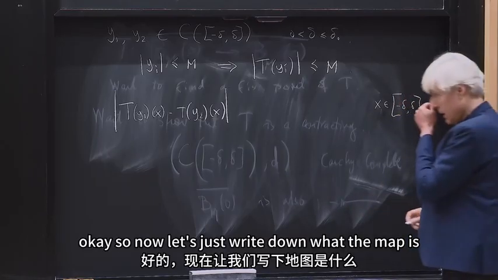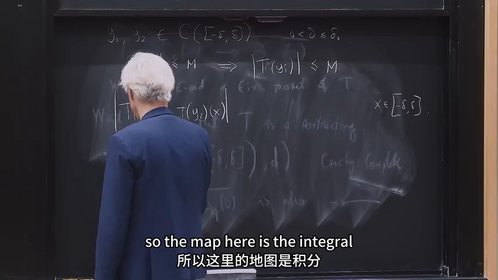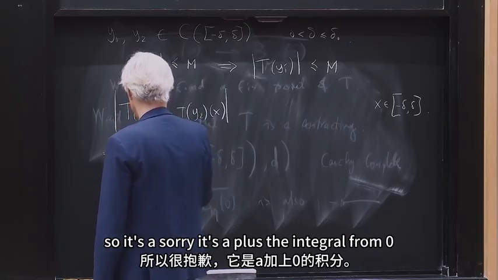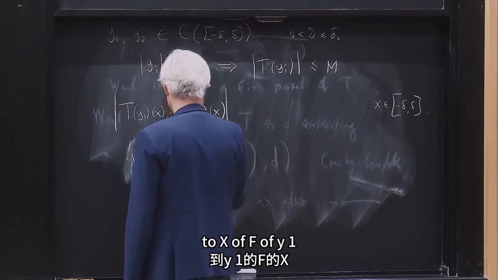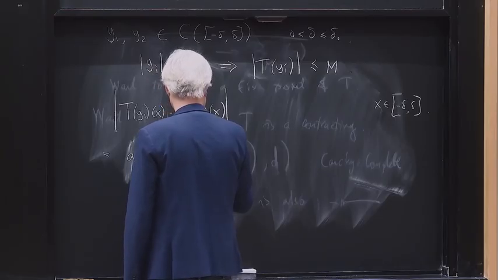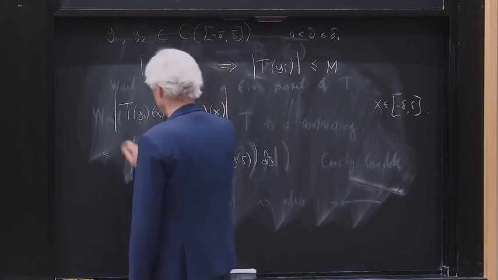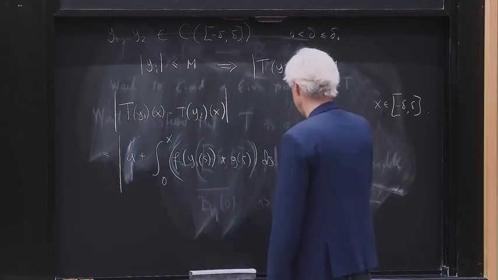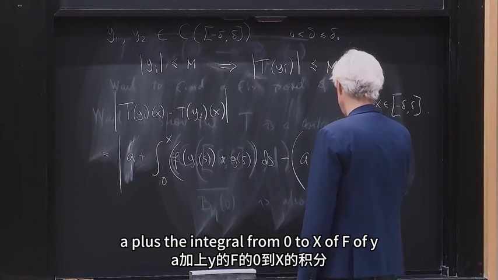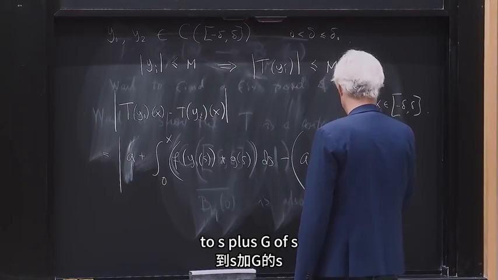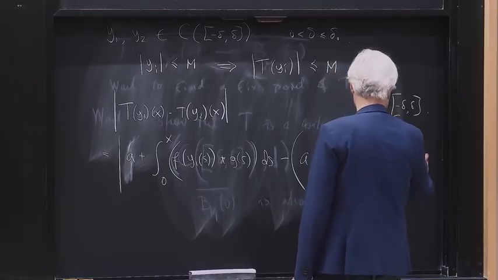Okay, so now let's just write down what the map is. The map here is the integral. So it's a plus the integral from 0 to x of f of y1 of s plus g of s ds, minus a plus the integral from 0 to x of f of y2 of s plus g of s ds.